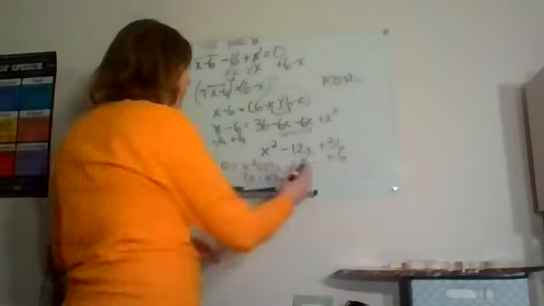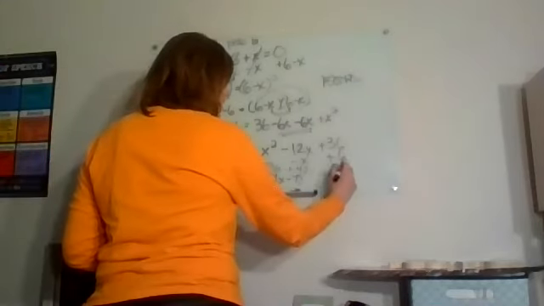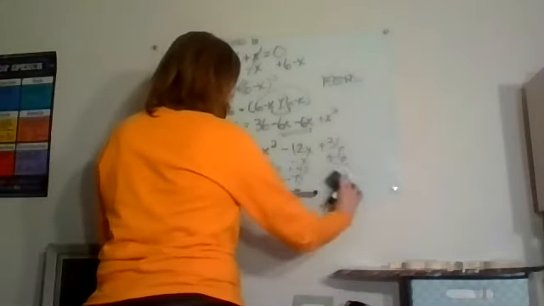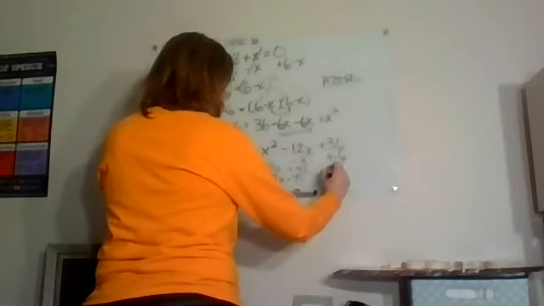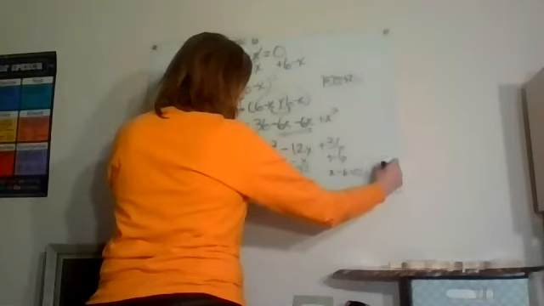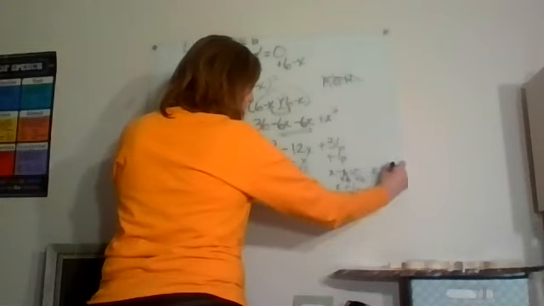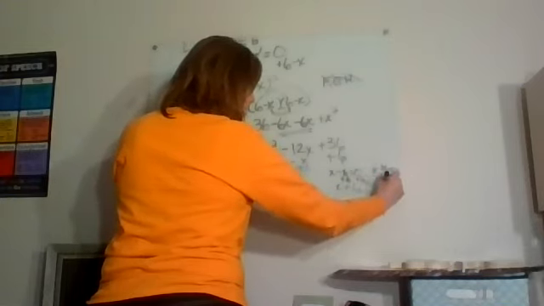So I've got 6 and 7. If these are set equal to 0, I can break them apart. I can say x minus 6 equals 0 and x minus 7 equals 0. I'm going to add 6 to both sides, and I end up with x equals 6. Add 7 to both sides, x equals 7.